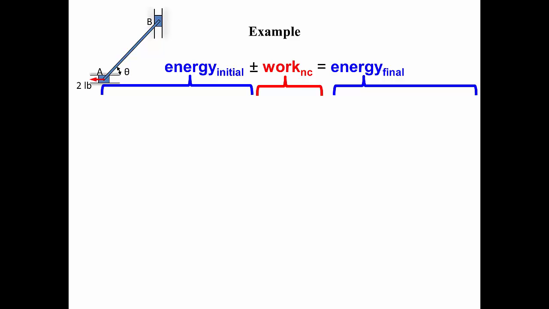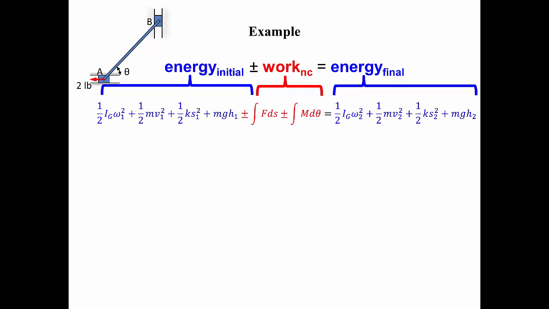We start by writing out our energy equation. We'll go ahead and write the whole thing, and then we can cross out what we don't need for the problem. Well, first of all, we can note right away that there are no springs in this problem. So we can eliminate the spring portion of the potential energy. The rod starts from rest, so there's no rotation initially, and there's no translation of the center of mass initially.